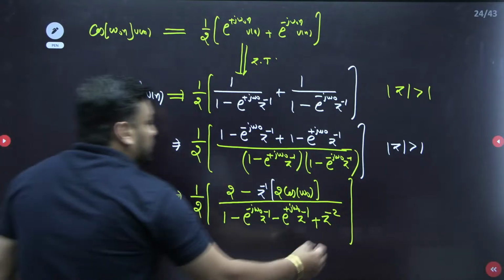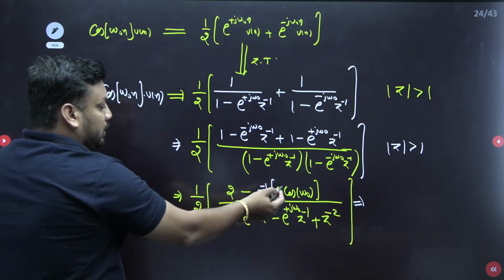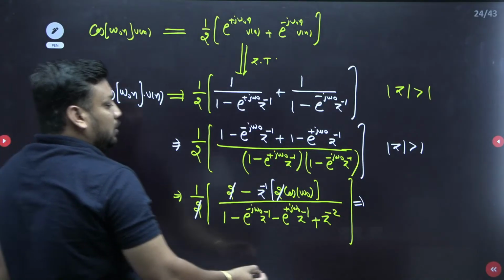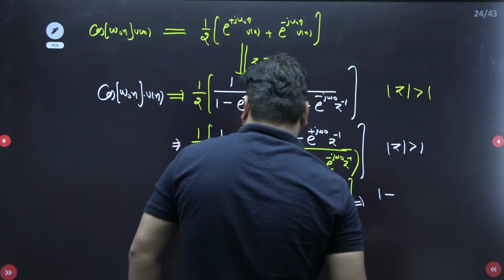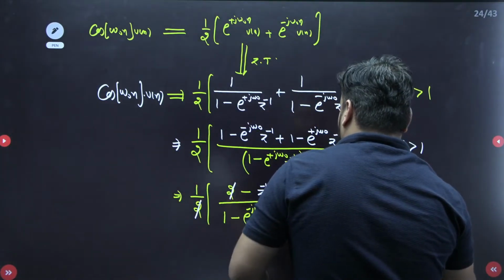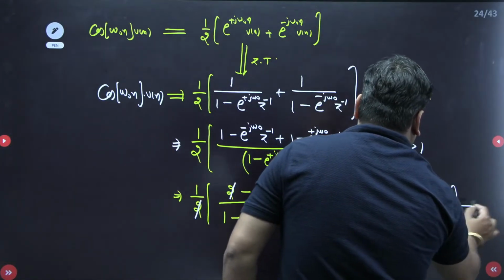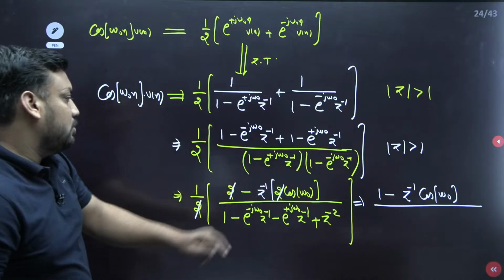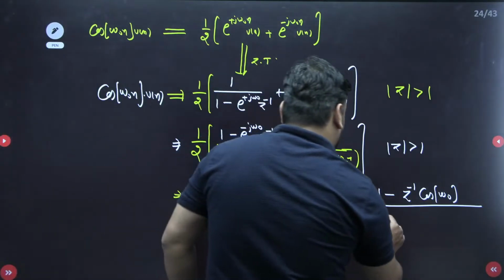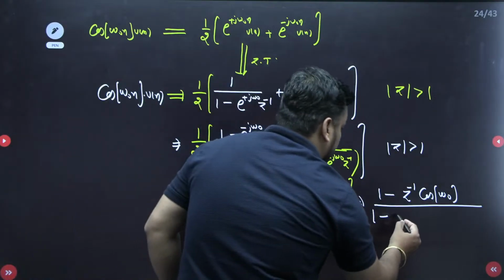Now student, tell me, here can I take common 2 throughout in the numerator? If I take common 2, it will cancel out. So you will get in the numerator 1 minus z inverse cos omega 0 upon 1 minus, now you can take z inverse common.